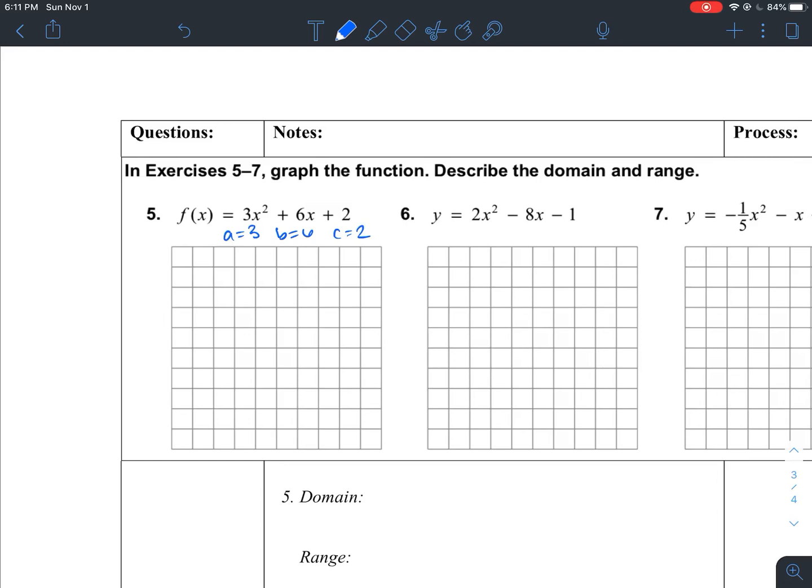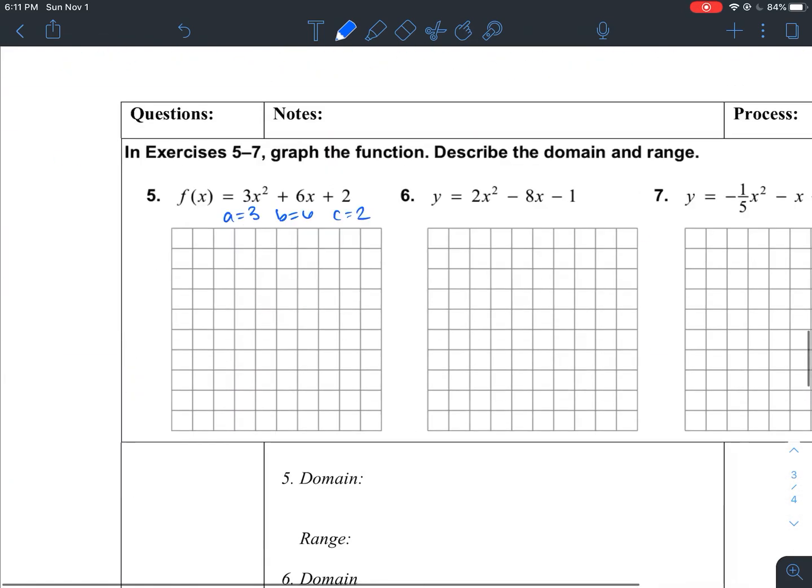So let's first find, like we did up here, the vertex. So x is equal to negative b, which is 6, divided by 2 times a, which is 3. So x is equal to negative 6 over 6, and that's equal to negative 1.